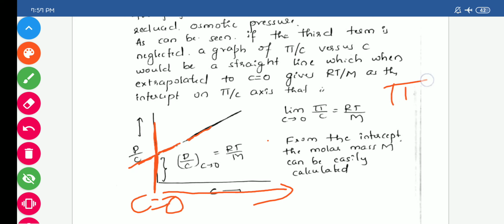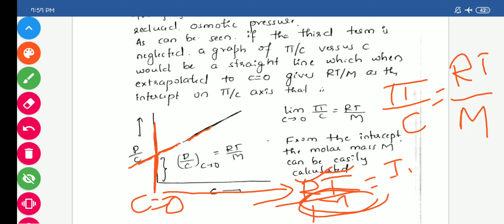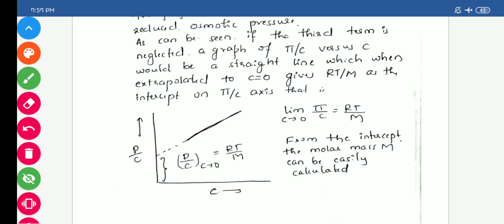So the limit of pi by C as C tends to 0 gives RT by M, which is equal to the intercept value. R and T are constants, so we can easily get the molecular weight of the polymer. With this osmotic pressure method, we can easily get the molecular weight of the polymer.